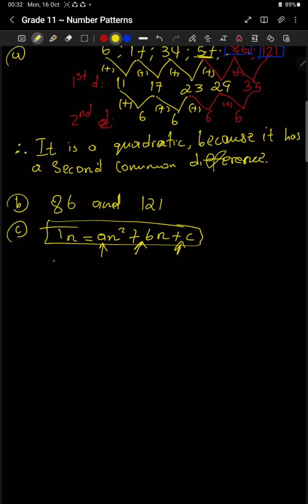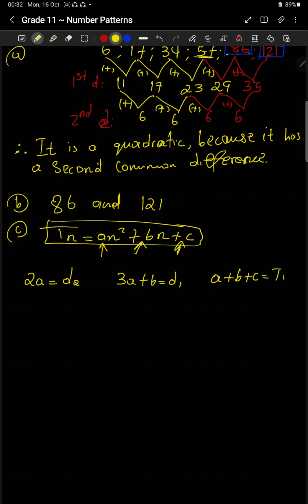Okay, so it's easy. We always use this formula here that says 2a is equal to the second difference, and then the other one is going to say 3a plus b is equal to the first difference, and the third one is going to say a plus b plus c is equal to the first term.